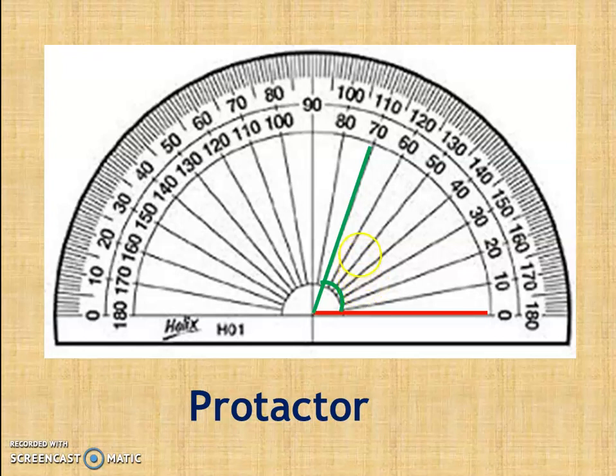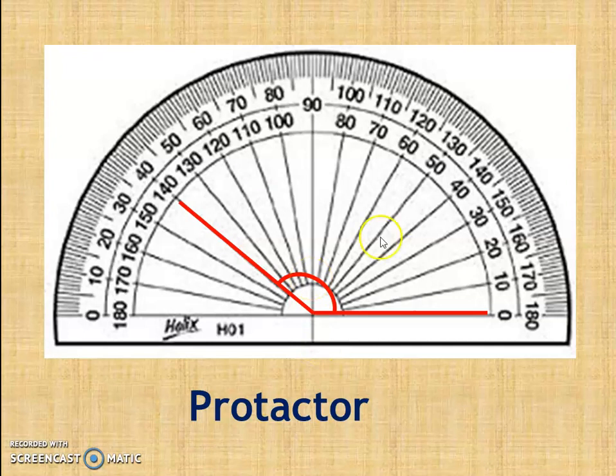What if I make it like this, 140 degrees? What is the name of this angle? Remember, larger than 90 but less than 180. Very good, this angle is called an obtuse angle.